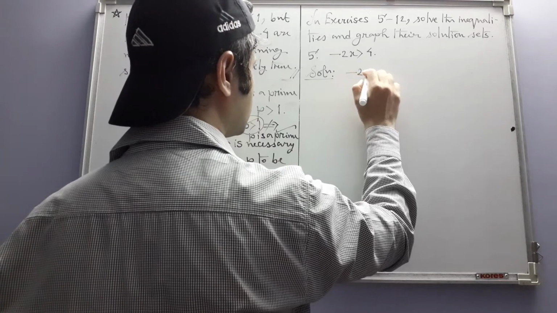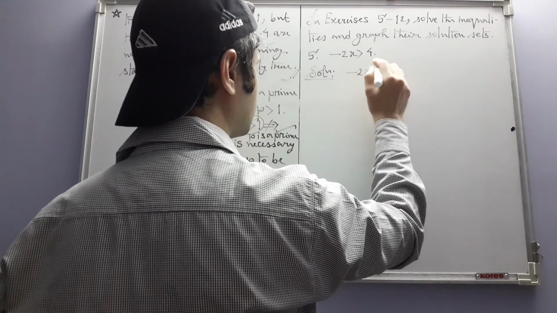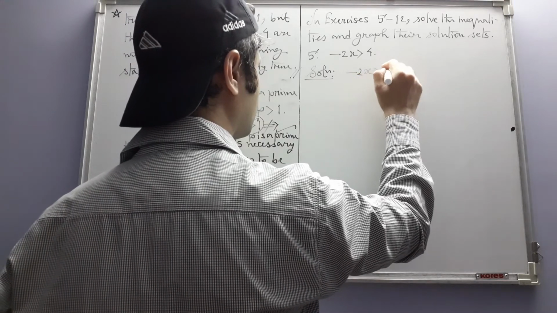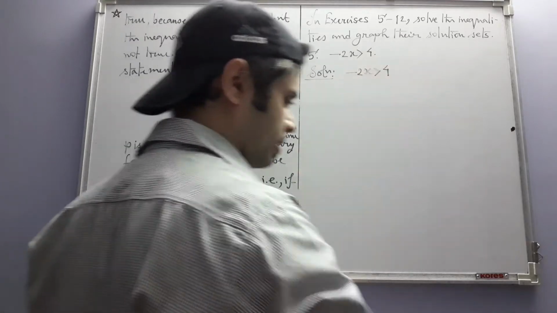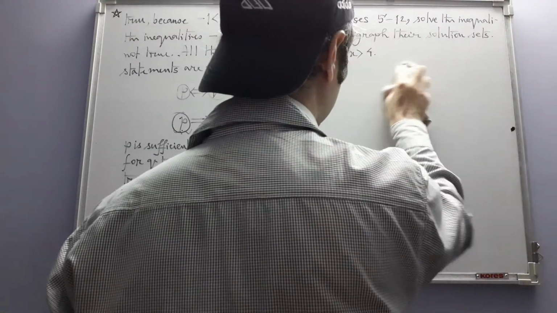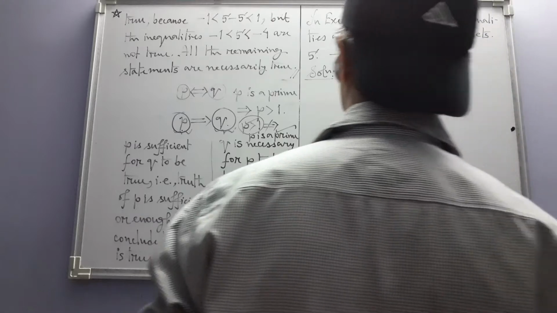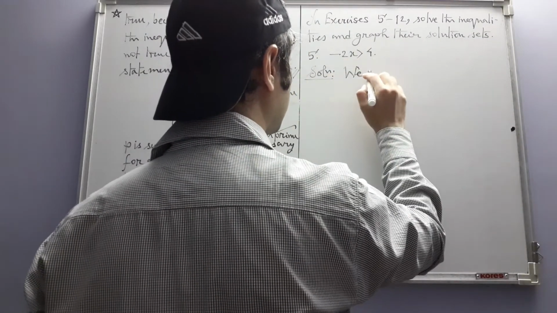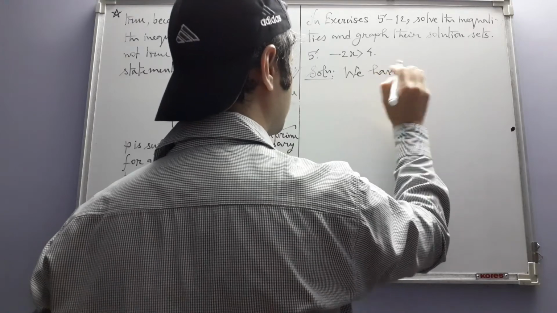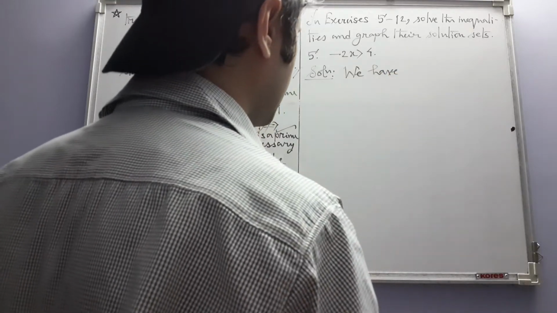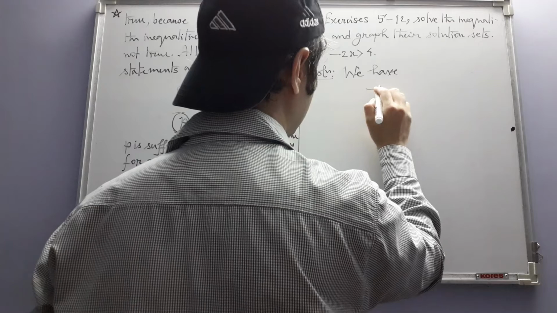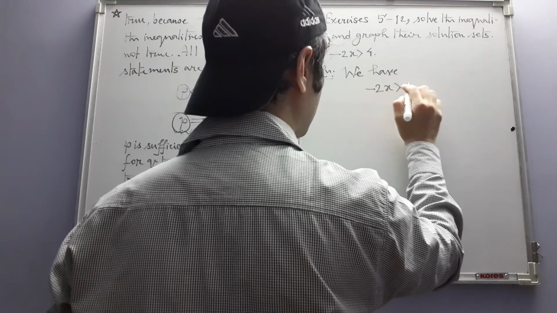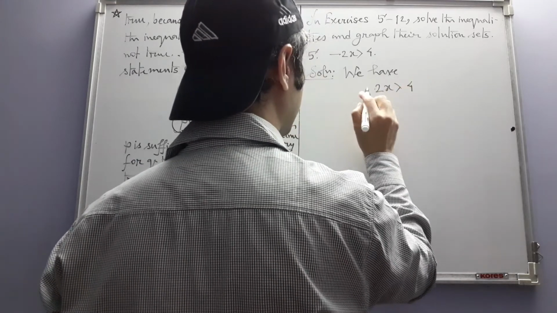Minus 2x greater than 4, let me write it properly. Let me show one of them, then you can solve the others. Minus 2x greater than 4.